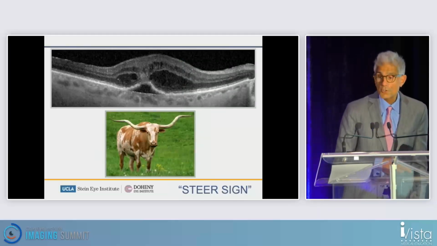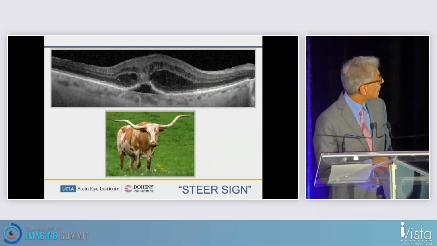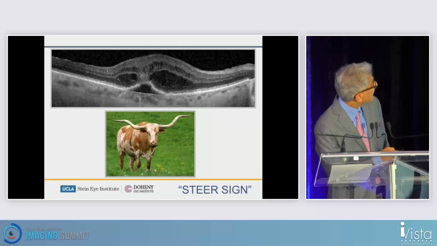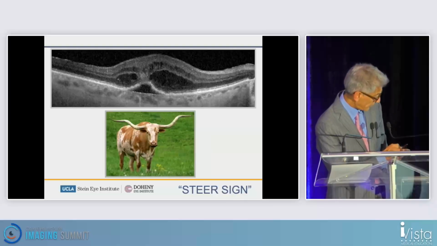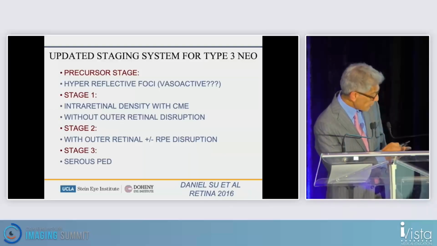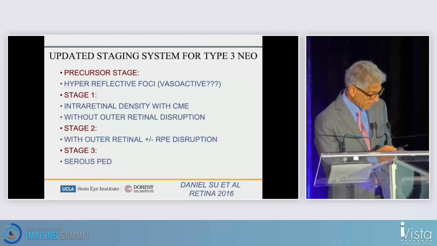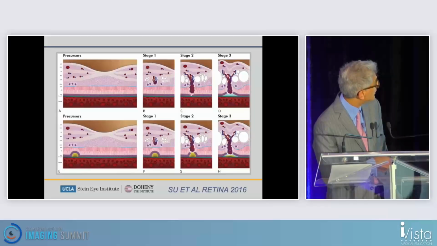The third version on OCT, as I mentioned to you, the RAP version or type 3, often will begin with a pigment epithelial detachment and what we refer to as this steer sign, which is really origin of the neovascular membrane from the deep retinal capillary plexus. And you can actually see the different stages in the development of RAP lesions or this type 3 version.